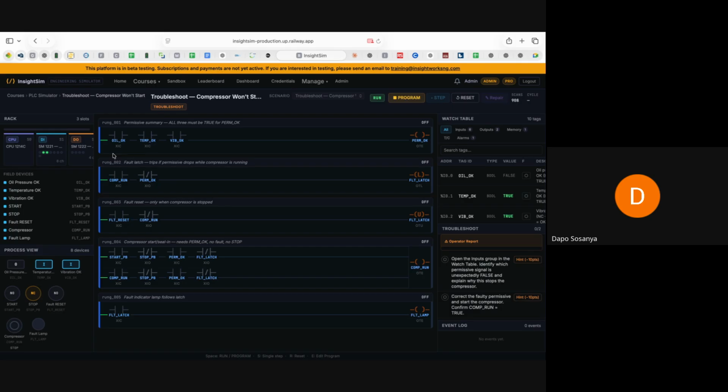the oil pressure is not okay, but the temperature is okay and the vibration is okay, right? If you look at the watch table, you can see that oil_OK is false. So if you implement your AND logic on oil_OK, temp_OK, vibe_OK, it is going to return false because you are having true and false.